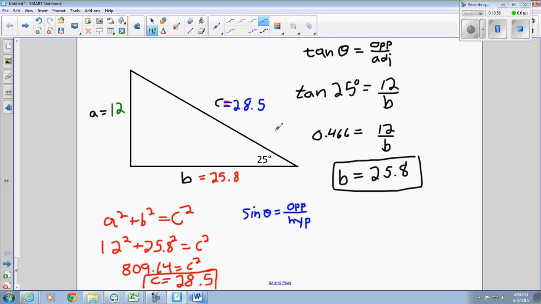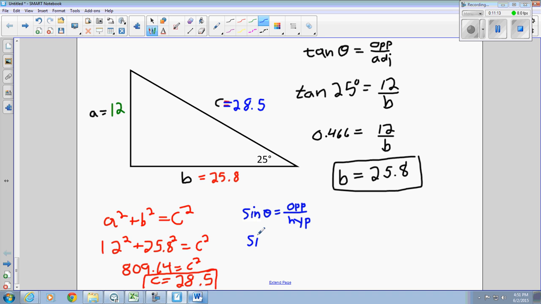Okay, we've already solved for C, but let's see if we didn't solve for C and used the sine function instead of the Pythagorean theorem to solve for C.